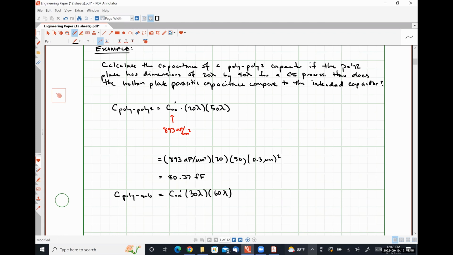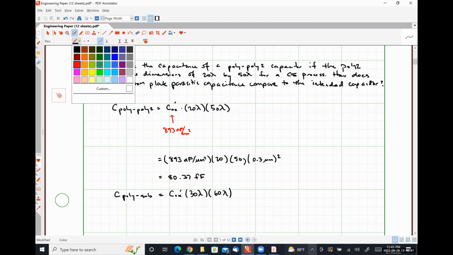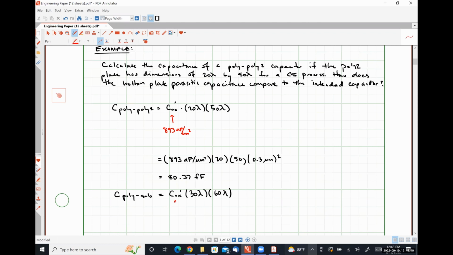And reading our table this time, our capacitance per unit squared between our substrate and our poly layer is 86 attofarads per micron squared.